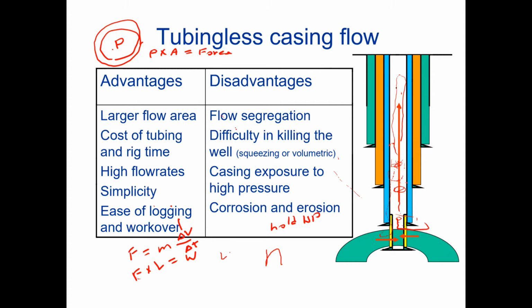Here you have swabbing, you can put a device inside and pull the fluid out, or you can run coiled tubing and inject nitrogen to move the heavy mud outside and the well starts to flow. So you see that there are many limitations here.